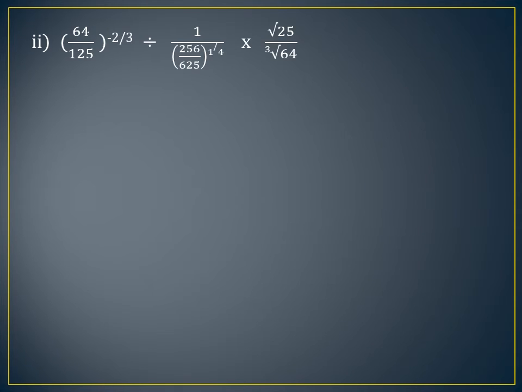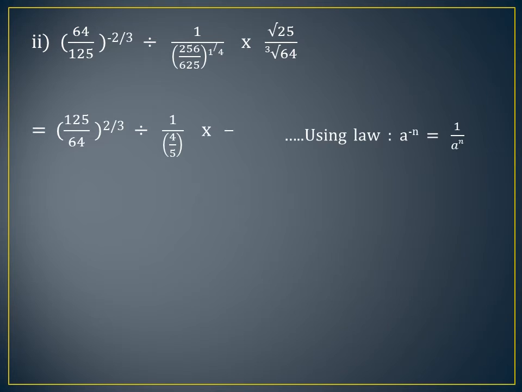Next one is 64 upon 125 the whole raised to minus 2 upon 3 divided by 1 upon 256 upon 625 the whole raised to 1 upon 4 into square root of 25 upon cube root of 64. So again 64 upon 125 raised to minus 2 upon 3.